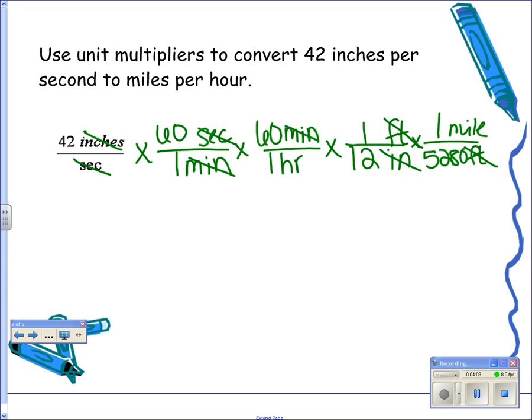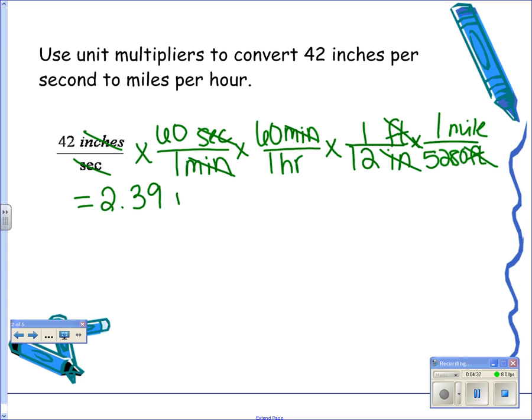What's 42 times 60 times 60 divided by 12 and then divided by 5,280? That's not your final answer. When you divide it out, I got 2.38. That's what you should get.